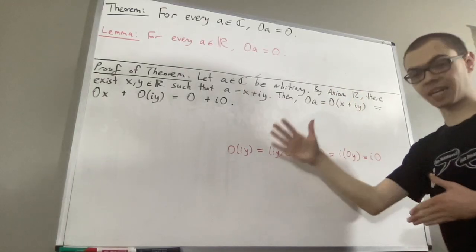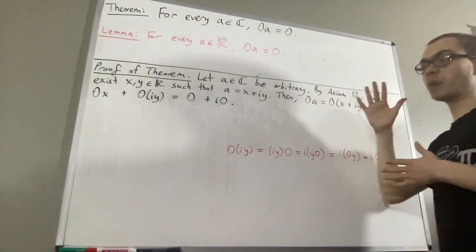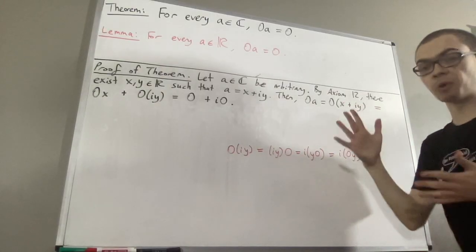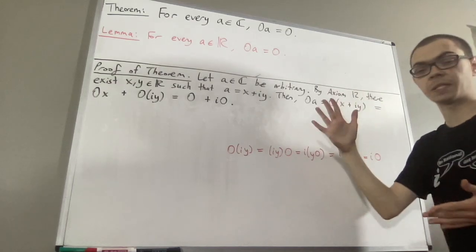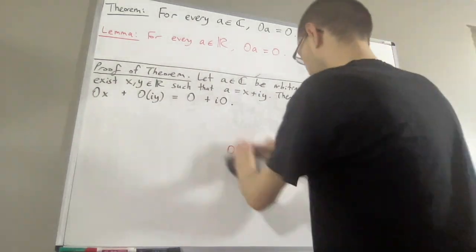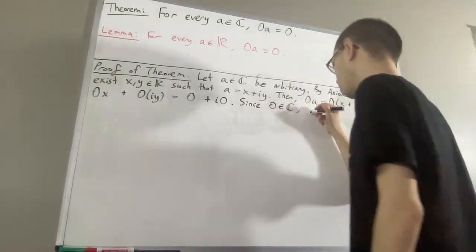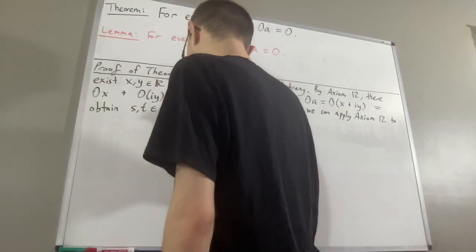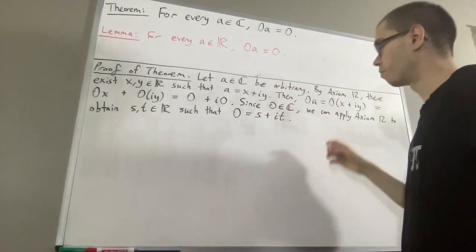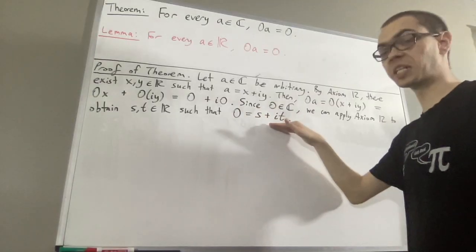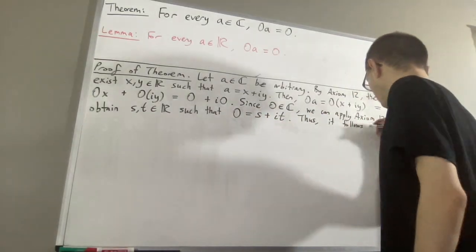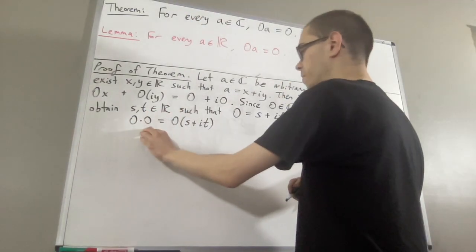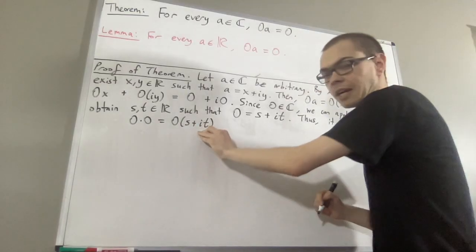Since 0 is a complex number, there must exist a pair of real numbers, I'll call s and t, such that 0 is equal to s plus it. But then what happens if we multiply both sides by 0? So 0 times 0 is equal to 0 times s plus it.